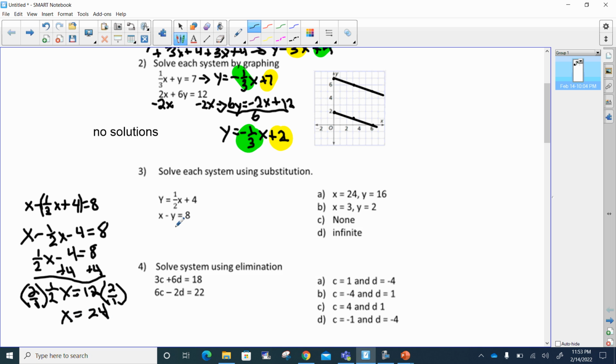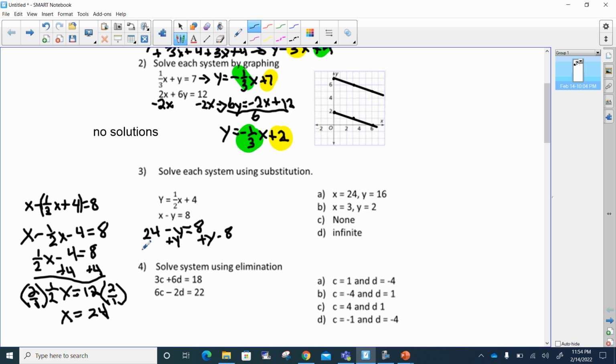Now let's go ahead and pop this in. If x is 24, to this bottom one, 24 minus y equals 8. I'm going to have to subtract. No, I got to bring y over here, so I'll be adding it. And that means I'll be subtracting negative 8 over here.